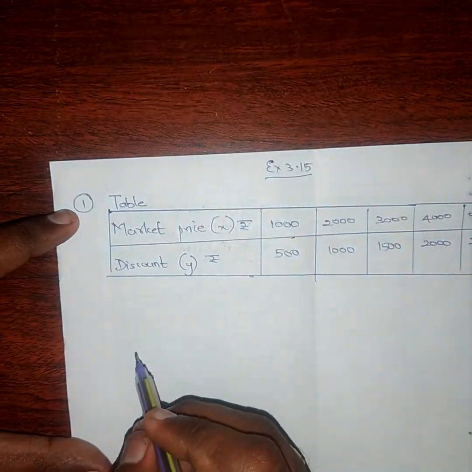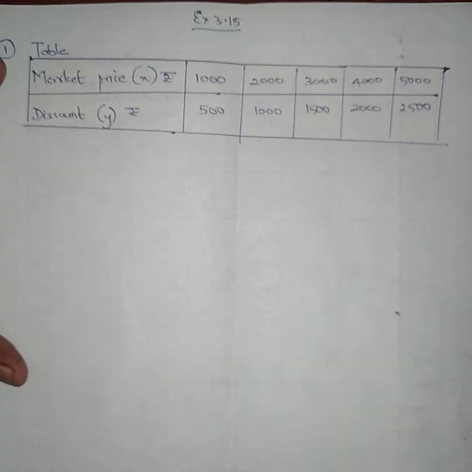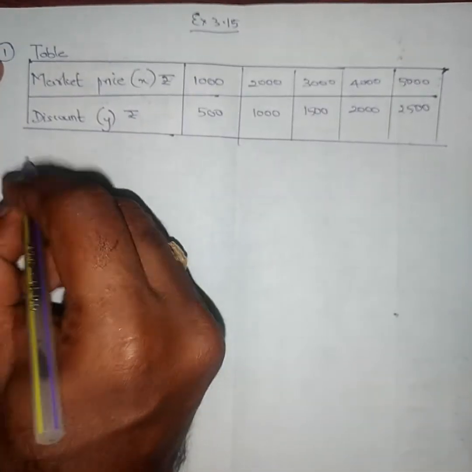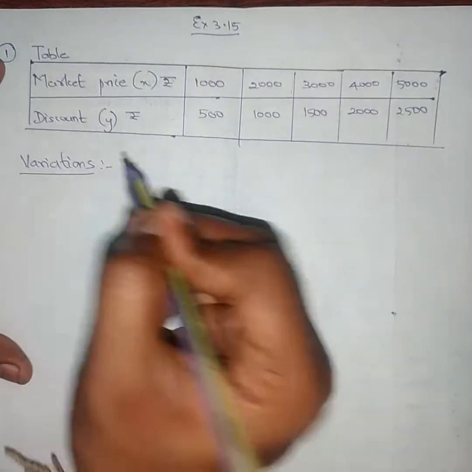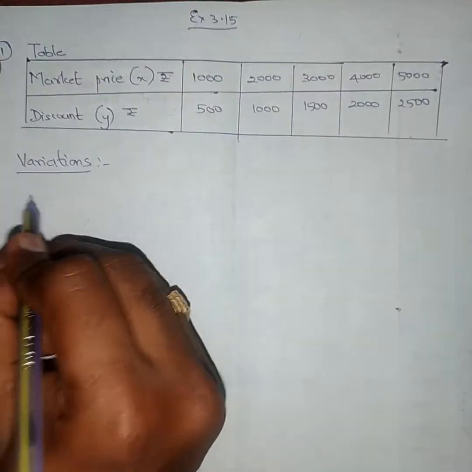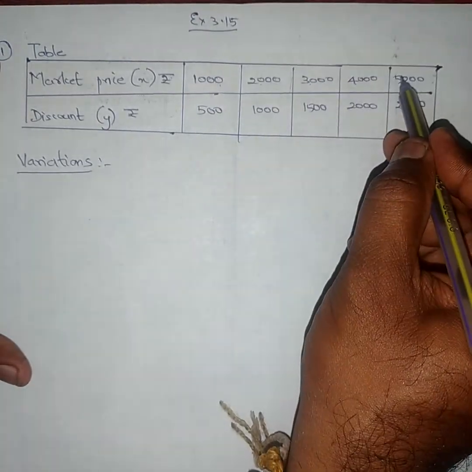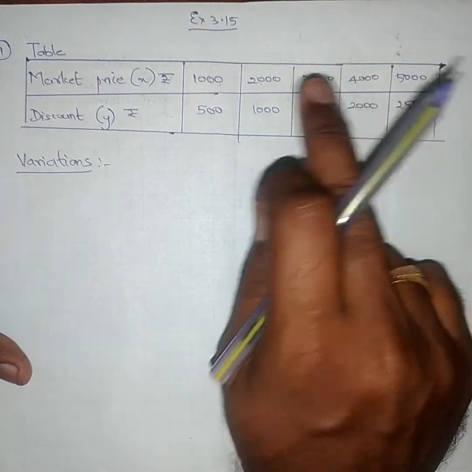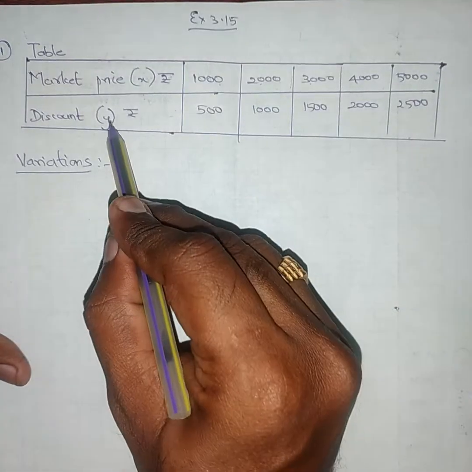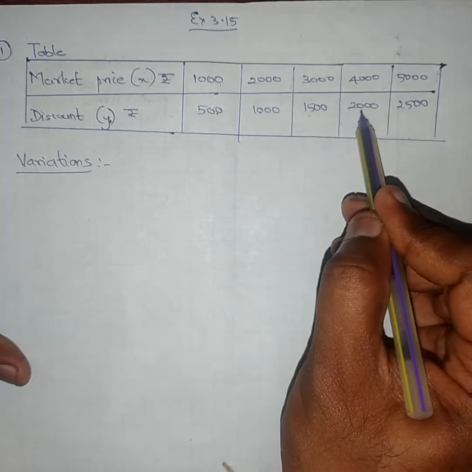You need to check the variations. See how x is 1,000, 2,000, 3,000, 4,000, 5,000: x is going on increasing. Y is also increasing: 500, 1,000, 1,500, 2,000, 2,500.